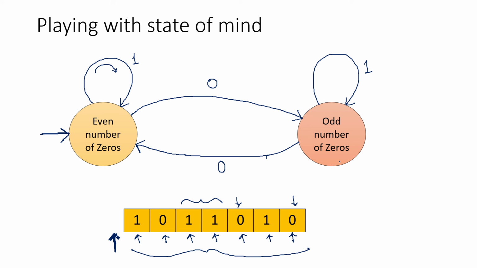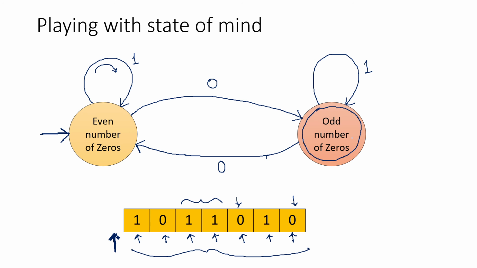Now how can I express this acceptance? Just like we kept an arrow for the initial state, we will consider a double lined circle, something like this. A double line circle, where there was already a line and this is another line.